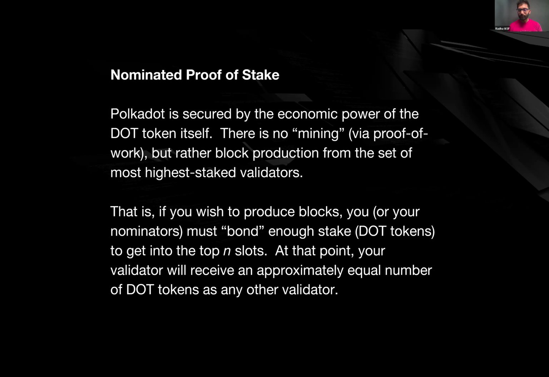You want them to stay actively participating in validating the network transactions, and you do that by putting some stake on them, and they get elected. They deliver their tasks as expected, and you're rewarded with a certain percentage of your stake as rewards. So that's the ideal scenario.